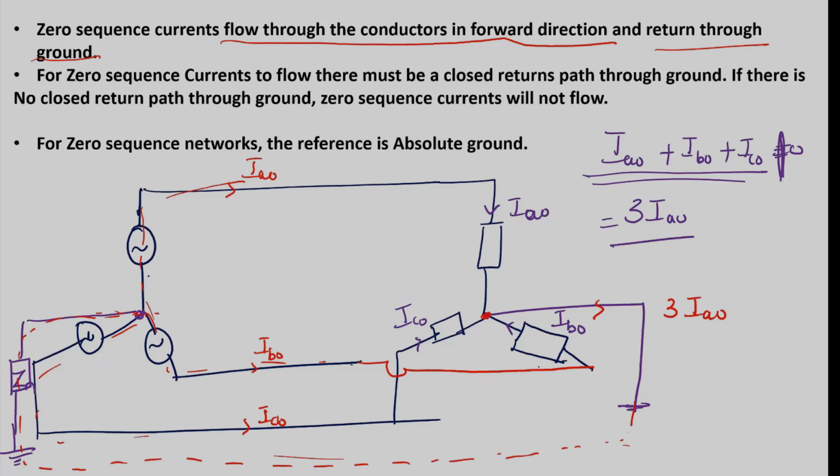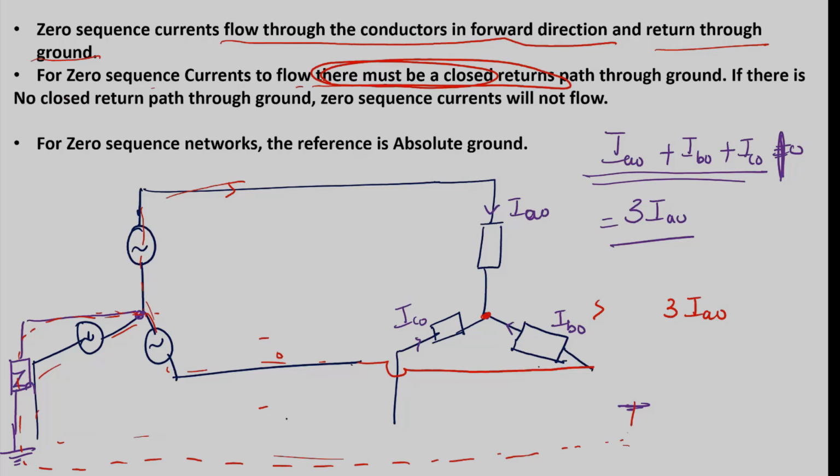For zero sequence currents to flow, there must be a closed return path. Suppose here, if I don't ground the neutral and simply keep the neutral isolated, then there is no closed path for returning zero sequence currents. In this case, the zero sequence currents will not flow at all.